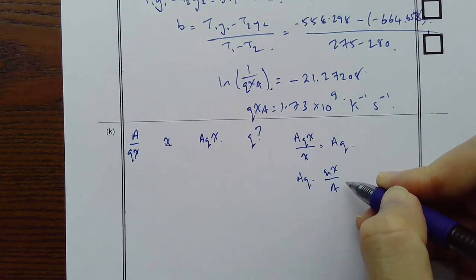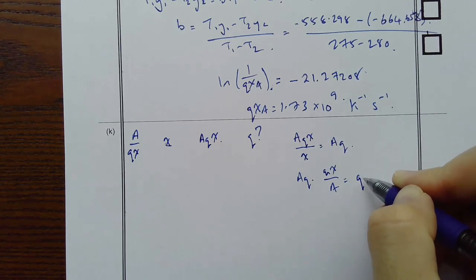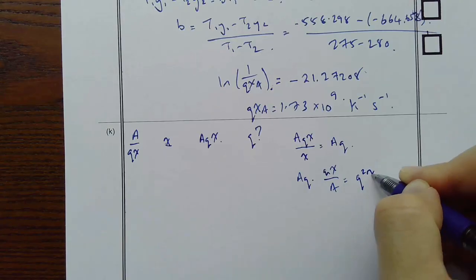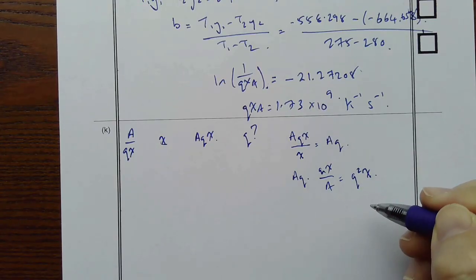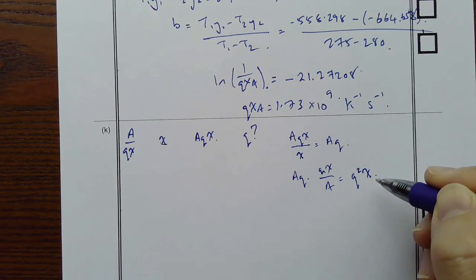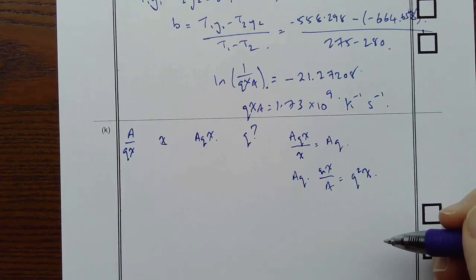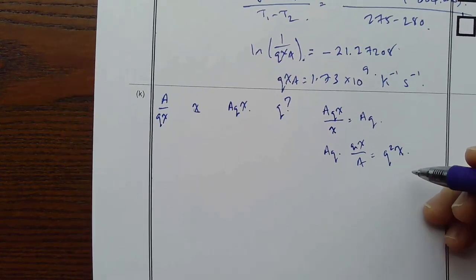I'm going to get Q squared chi, which I can then divide by chi and take the square root. Alright, so let's try that.